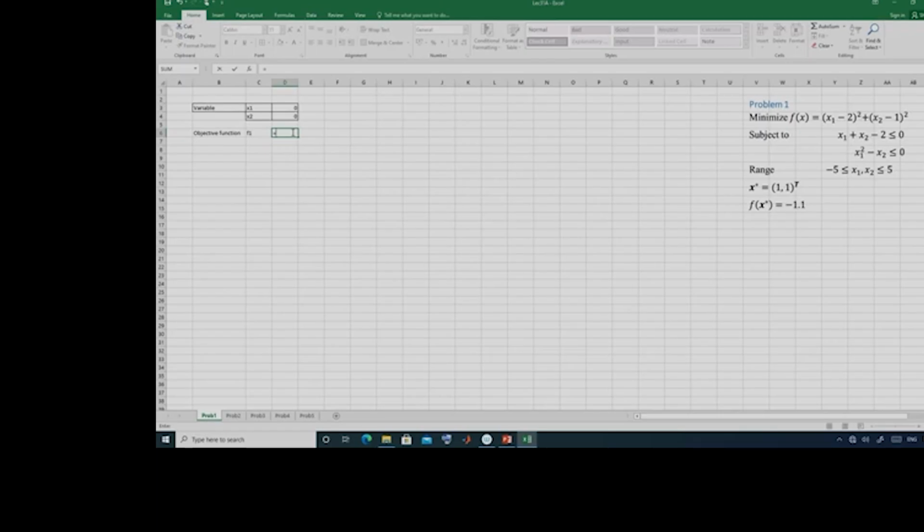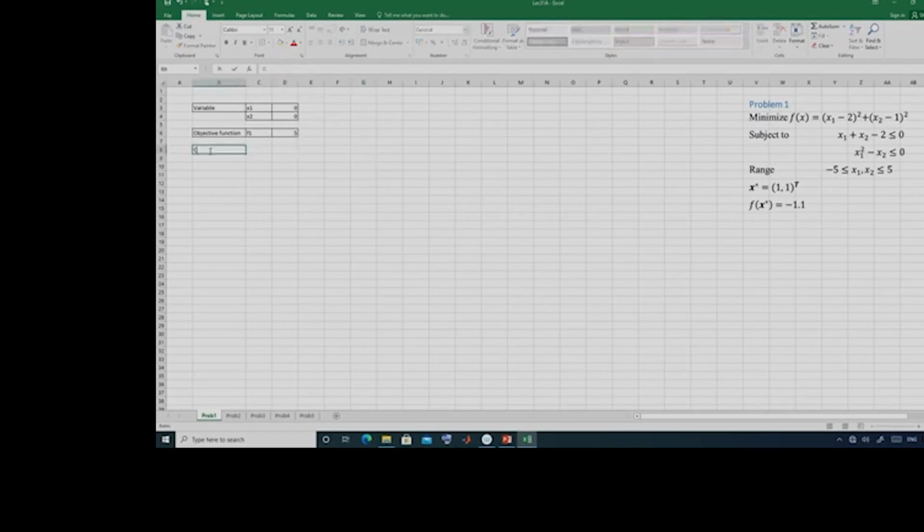The objective function is (x1 minus 2) square plus (x2 minus 1) square. So this is my objective function, and I am defining the objective function here. I am getting for x1 equal to 0, x2 equal to 0, the objective function value is 5.